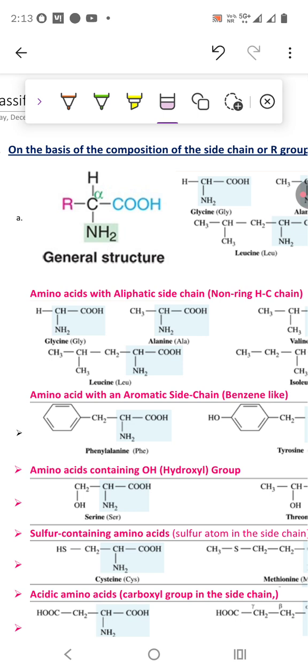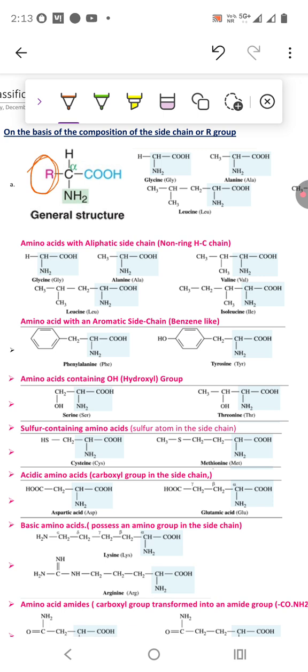So on the basis of the composition of the side chain, amino acids are classified into the following categories. First, having aliphatic side chain. Aliphatic refers to anything that is non-ring. It can be straight chain or branch chain, but it should not possess any ring-like structure.